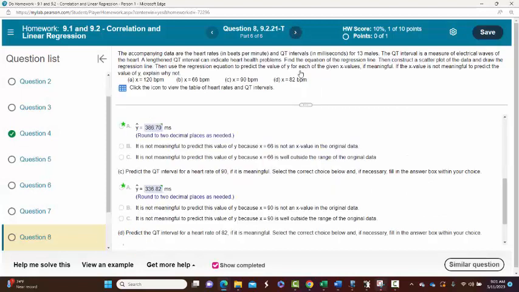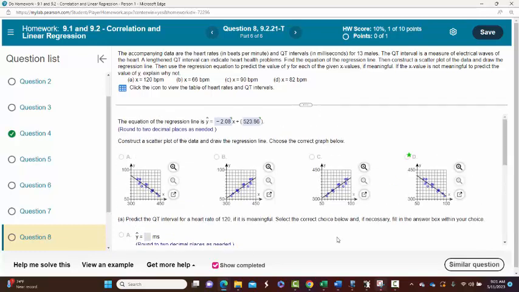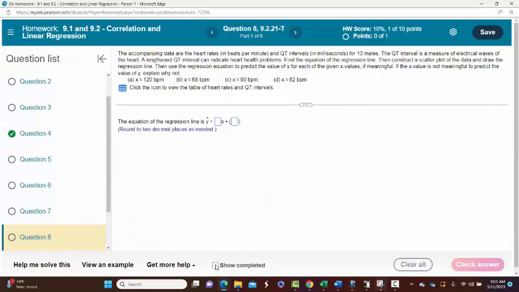But all right, this looks like a good one. Yeah, I think I've seen this. Heart rates and QT intervals. QT interval is a measure of electrical waves of the heart.